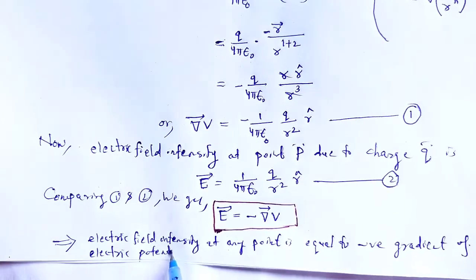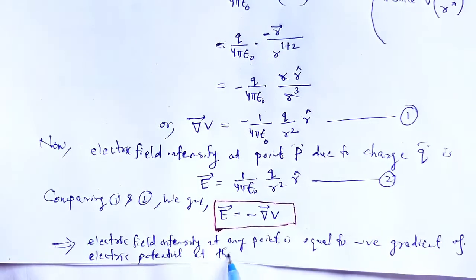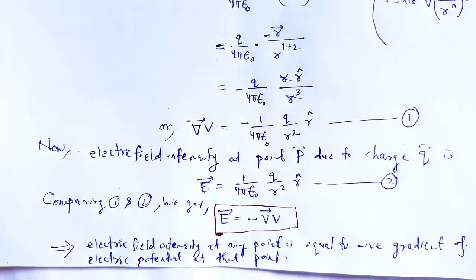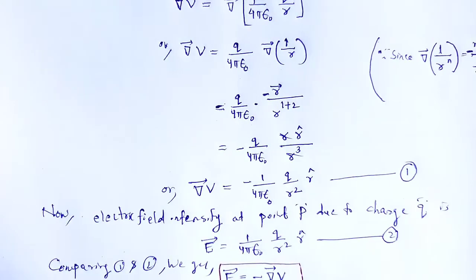So, E is equal to negative of potential gradient.